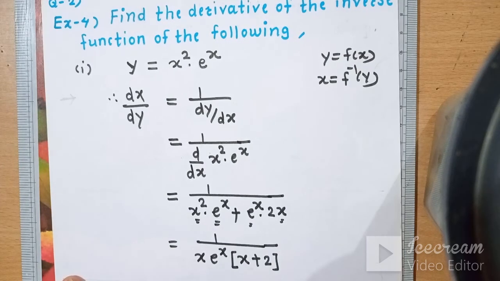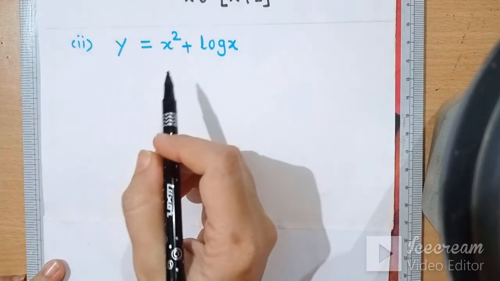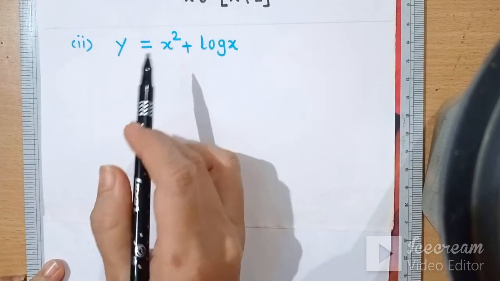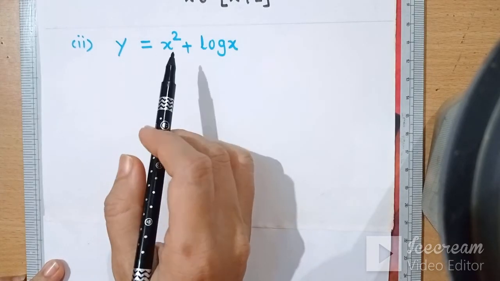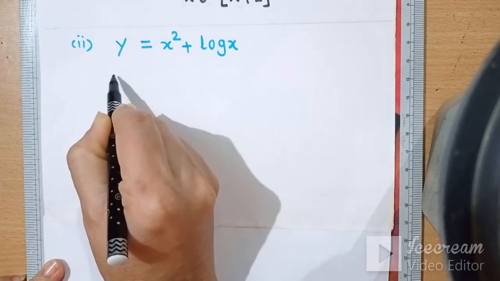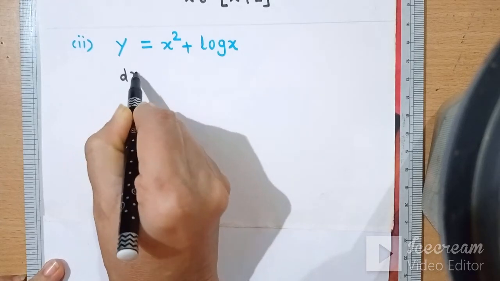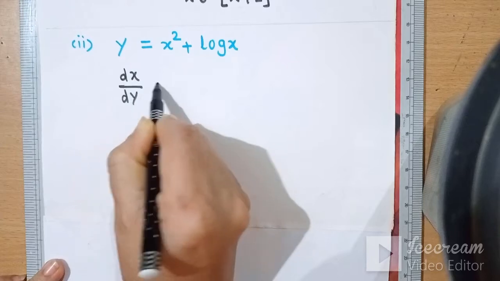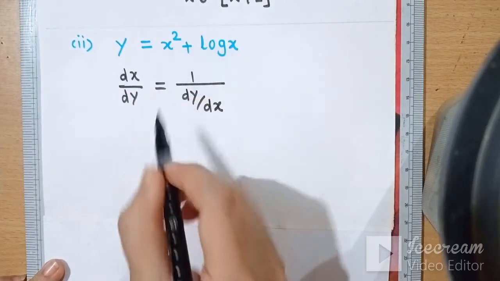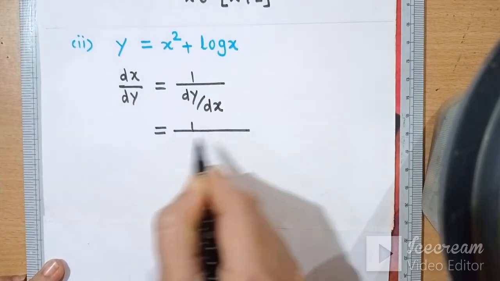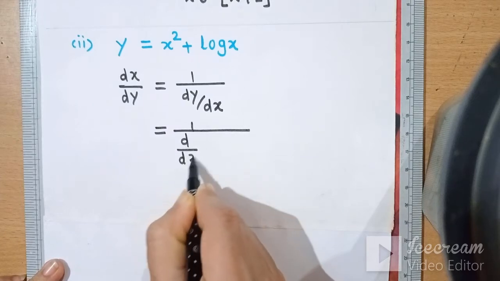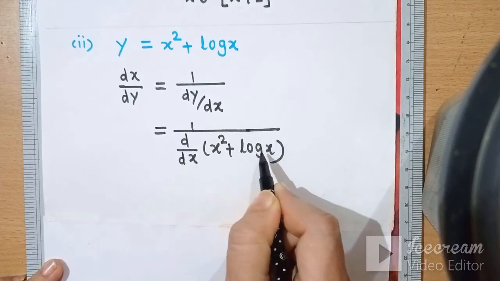Very simple. Now this is the same type of example, and here also we have to find the derivative of the inverse function. So first I am writing the formula, dx by dy is equal to 1 upon dy by dx. Now y means this function, so again find the derivative here, d by dx. Now find the derivative separately.